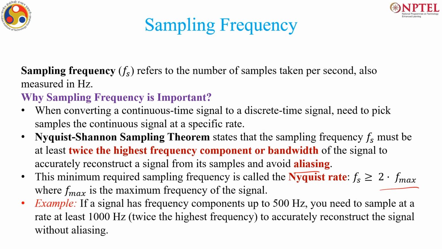For example, if you have a signal made up of frequencies up to 500 hertz, then you should sample at least at 1 kilohertz to accurately reconstruct the signal. But this is just the theoretical sampling rate. Practically, you should sample at least 4 to 5 times this highest frequency component.